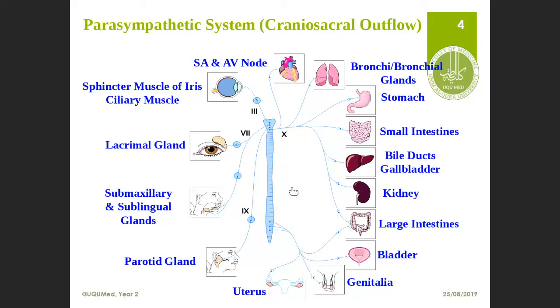Is everybody clear? Up till now, on the distribution of this craniosacral outflow, the nerve distribution into the parasympathetic organs, all responses are from the female side, no response from the male side. All the males are sleeping, having some activity, or eating something or drinking something.